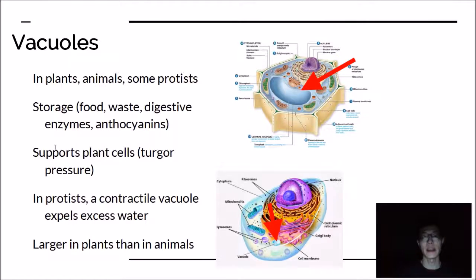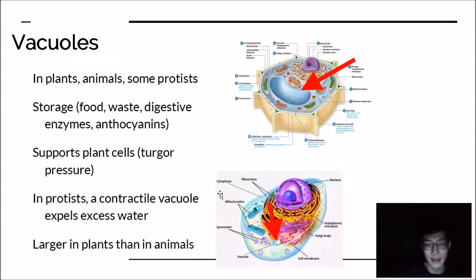It also allows for structural support in plants. So having the vacuole fill up completely can allow for this thing called turgor pressure to keep the plant upright. If the plant is losing its water and no longer has water or other materials in the vacuole, it starts dropping and drooping, and that's why if you don't water your plants, they start drooping.